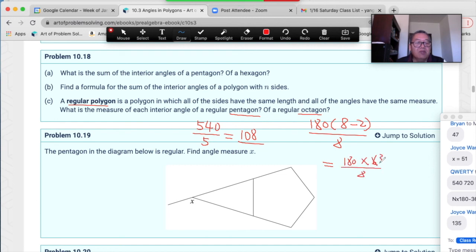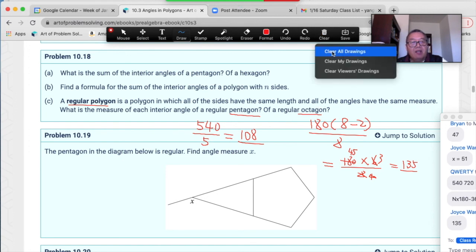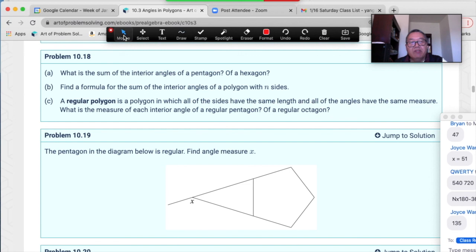We can simplify this one 3, this 4. So this is 45, and that's 135 degrees in a regular octagon. You can use this way to calculate the measure of each angle in a regular polygon.